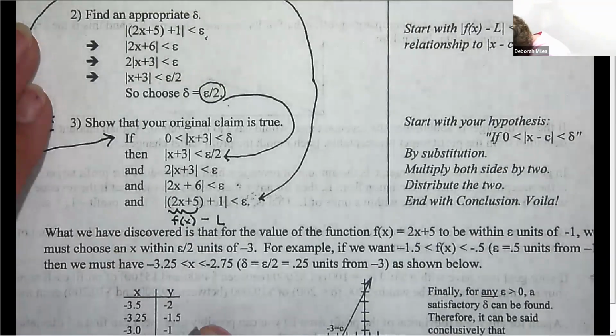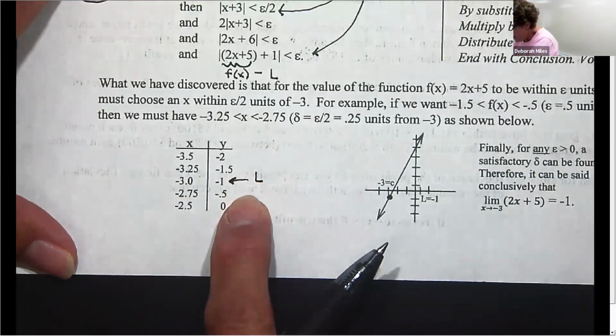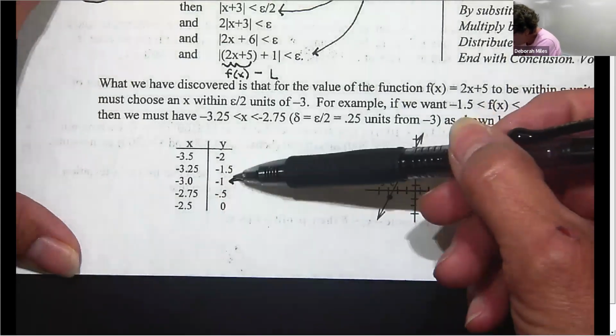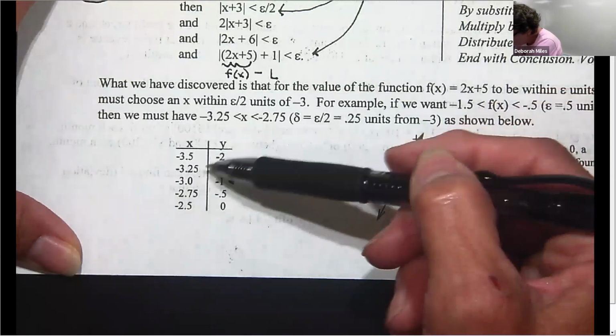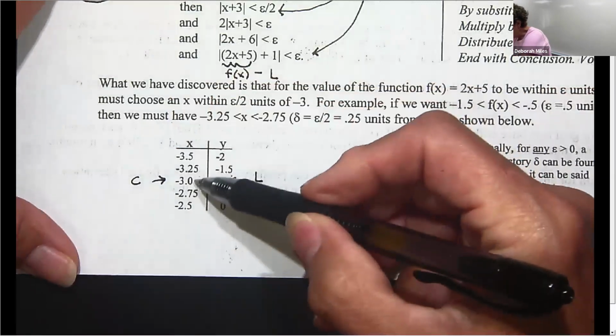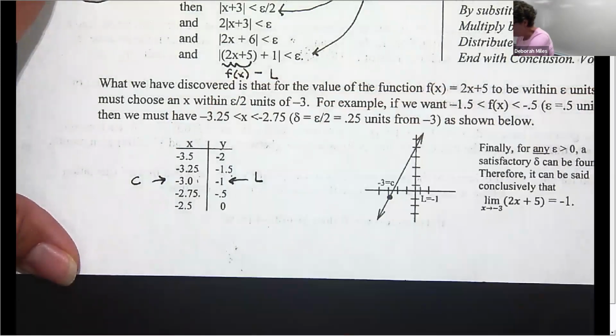So this is actually my L right here. That's bullseye. That's what I'm wanting to hit. But if I want my y's to be within a half a unit of -1, then my x is going to have to be within a quarter of a unit of -3.